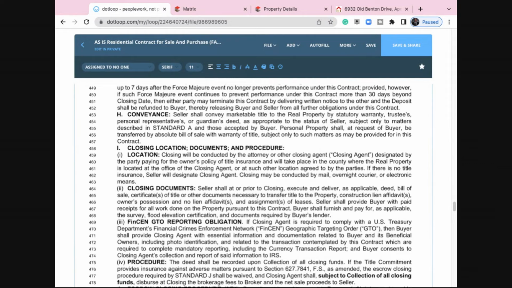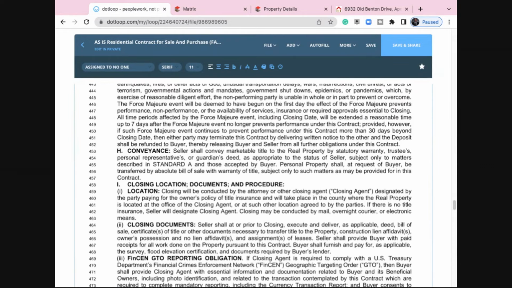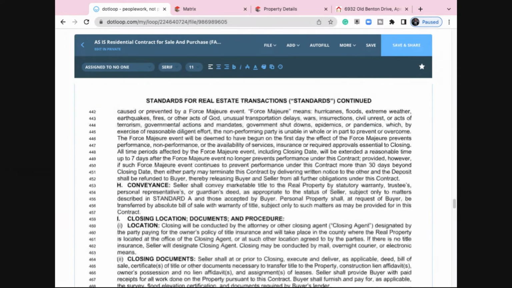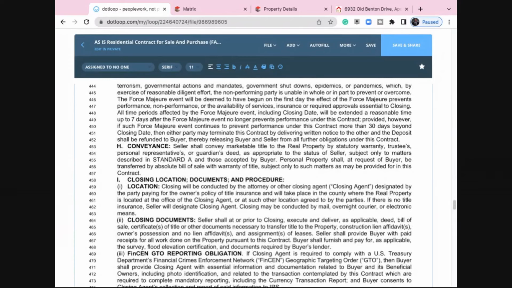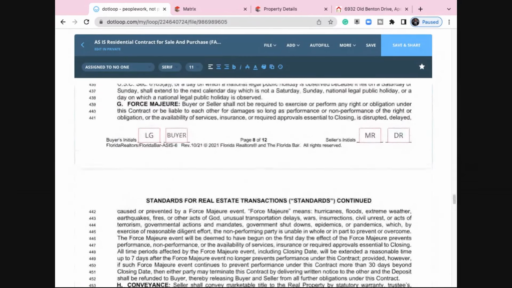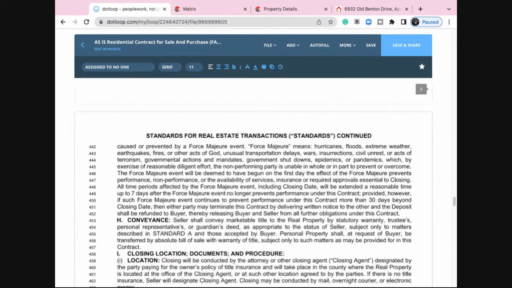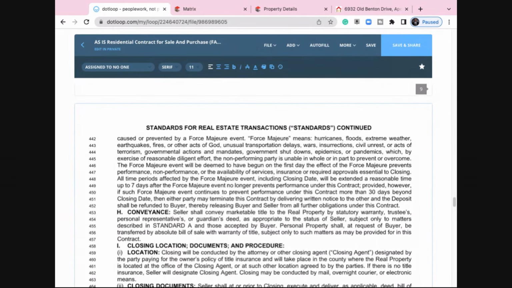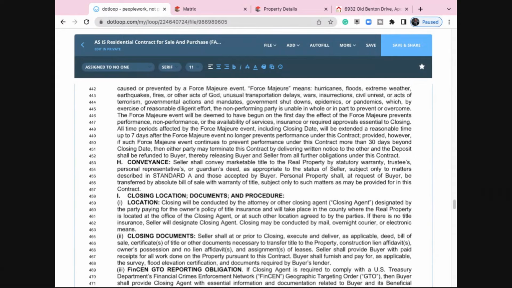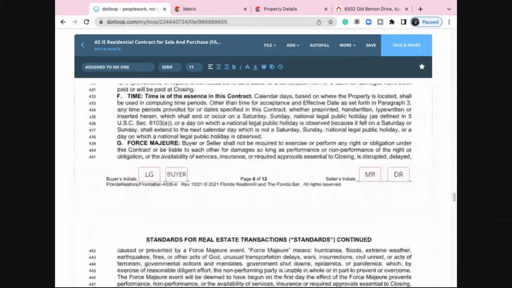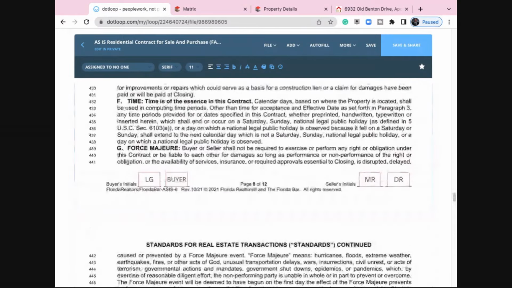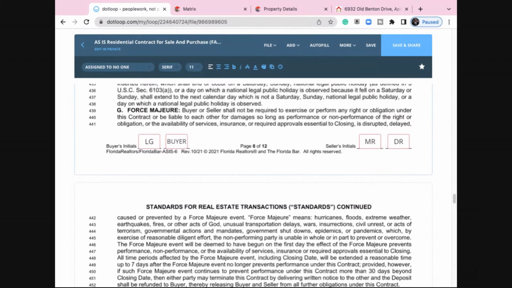Again, this is something, especially in Florida and other places, that covers acts of God. So you're looking at, if it's a tornado, hurricane, there's even government shutdown, civil unrest, and so on. You are covered by this particular clause, and it's so important. And again, 439 is where it starts.